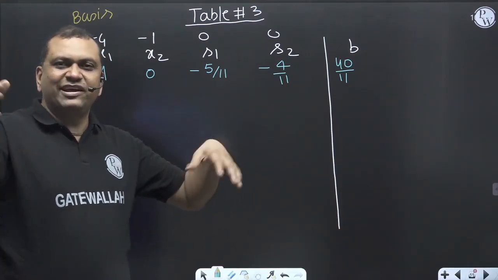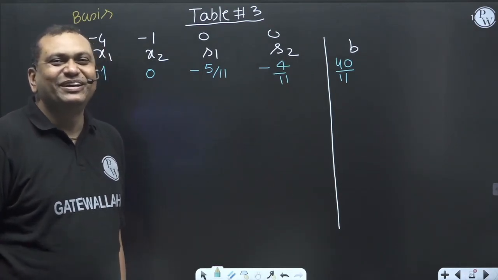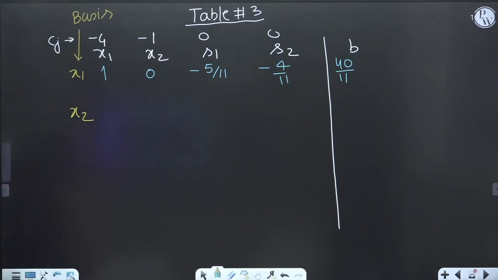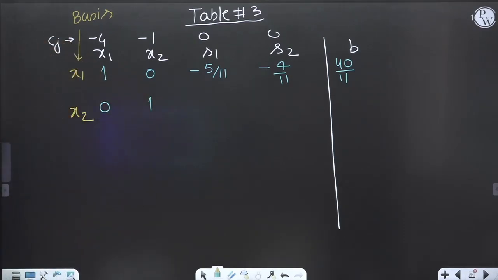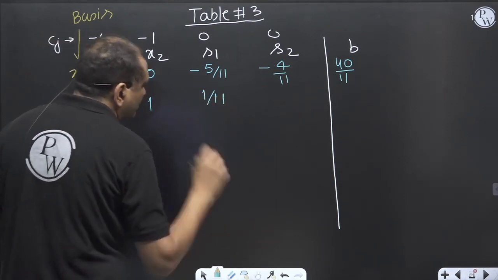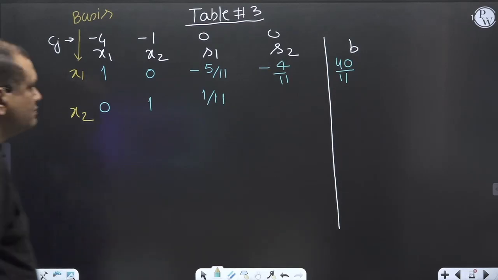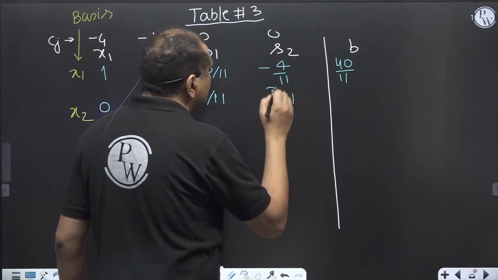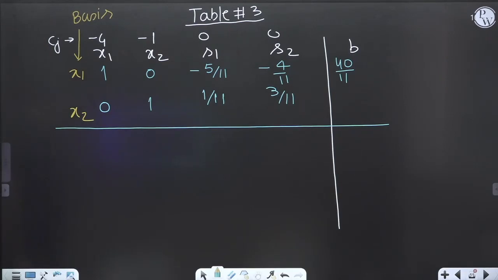If it were a live class, I would have waited for some time and expected some of your answers, then I would have given my answer. But it's a recorded one. 1 by 11. And the right hand side is 25 by 11.